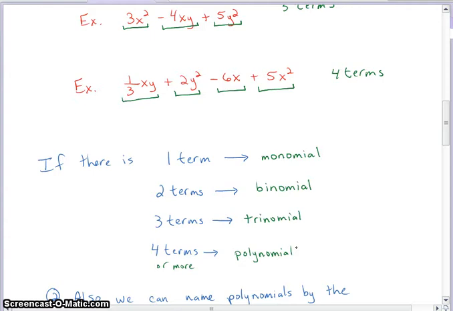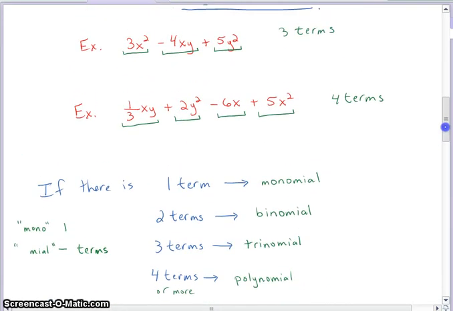Okay? So the prefix here, like mono, means one. Nomial, or actually meal, just means terms. Okay?